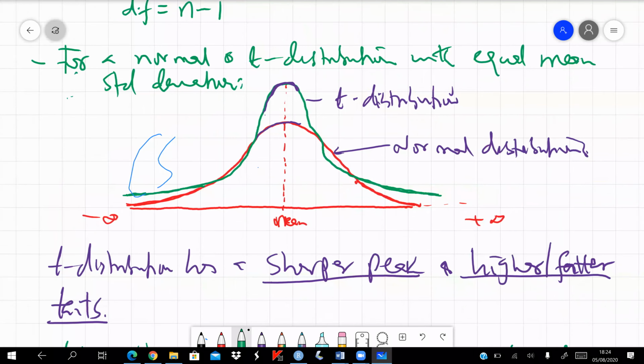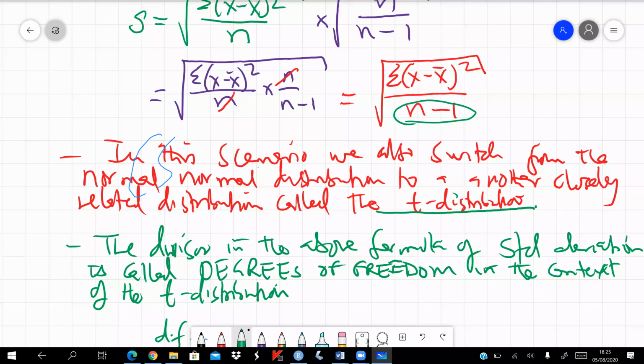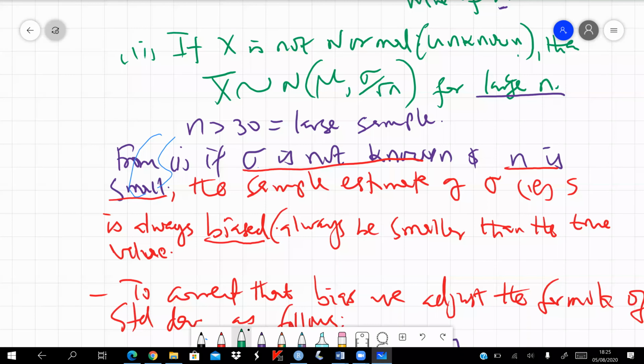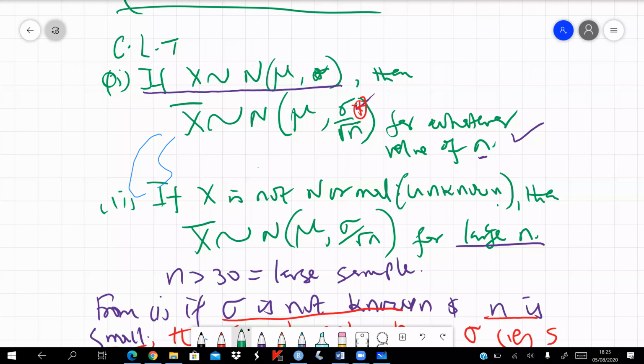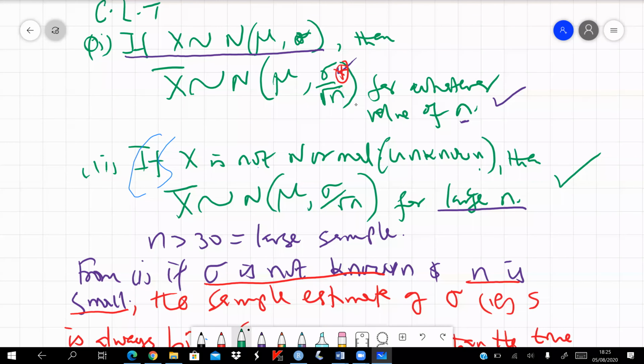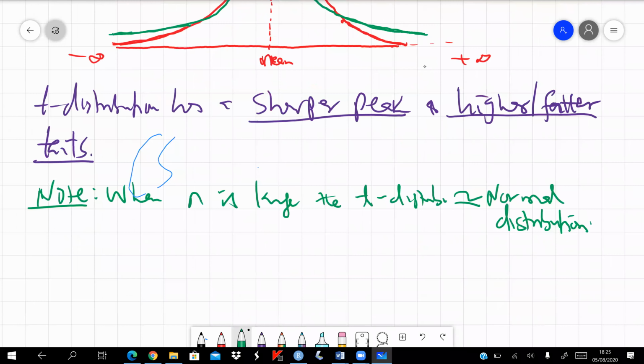So you apply this statement here. When your sample size is large, you work with this statement. You assume the normal distribution. You don't need to use the t distribution.